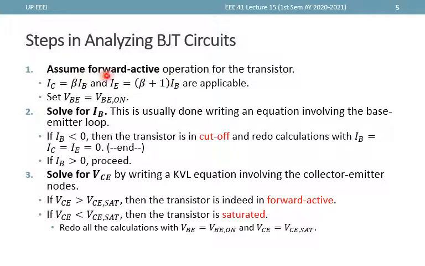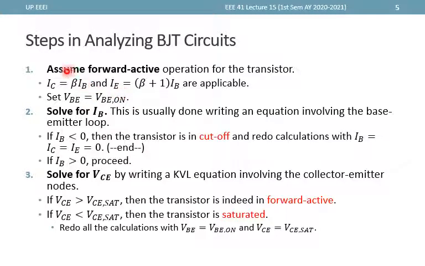And since we are assuming the forward active case where the base emitter junction is forward biased, then we can assume that VBE is approximately VBE,on, if we are not trying to compute the exact VBE, or if we are not given the exact VBE value.